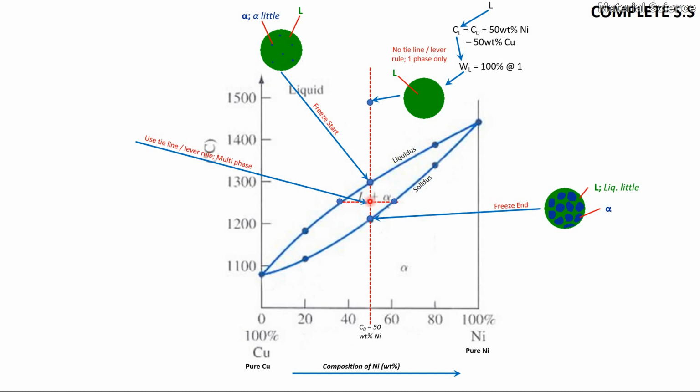So we underline the line here, then mark points here and identify the compositions. Here I assume I get the composition of liquid is 38 weight percentage of nickel. The composition of alpha is 61 weight percentage of nickel.